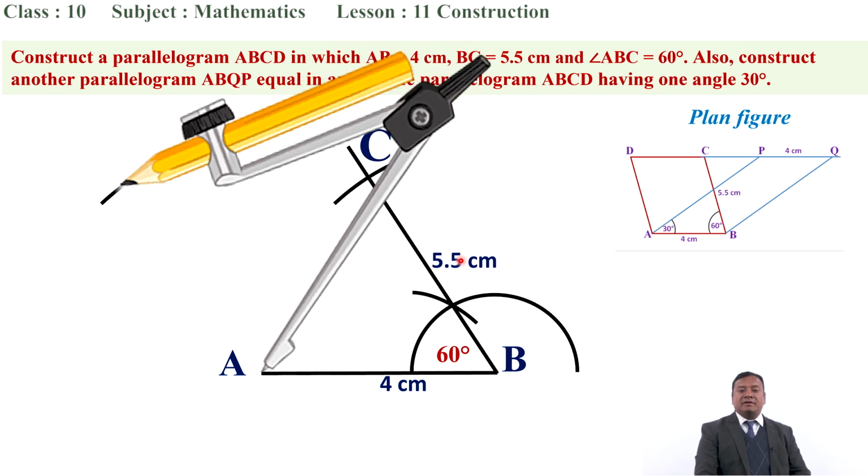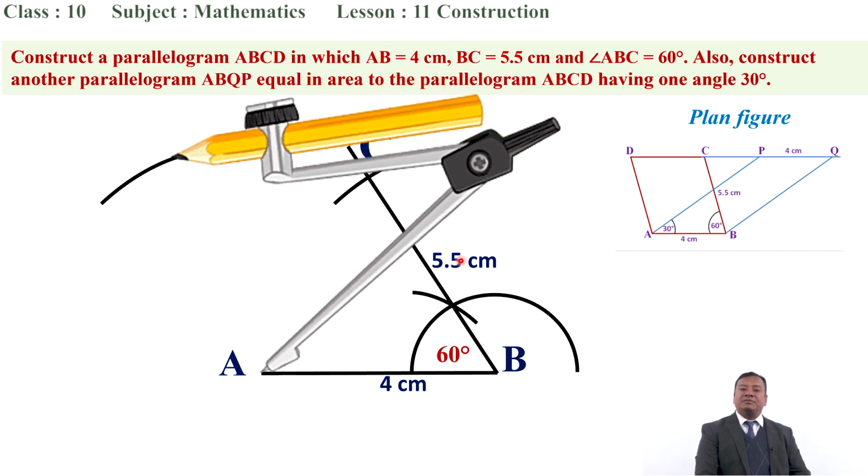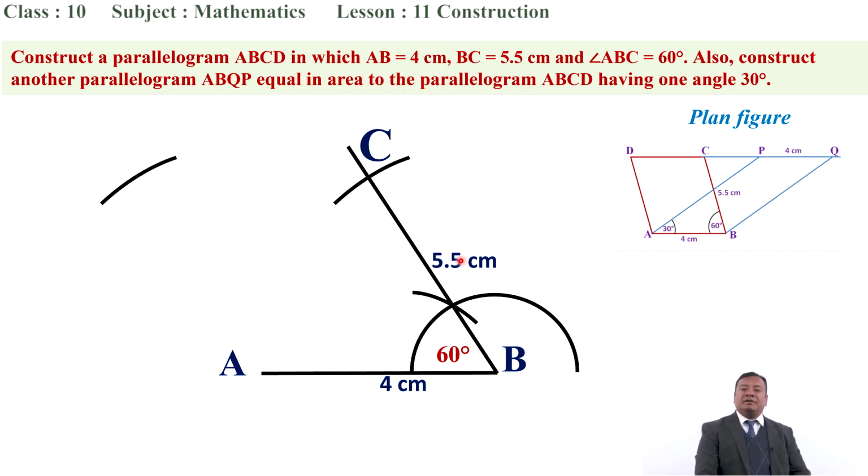So from A cut off 5.5 centimeter, and as well as from C we have to cut 4 centimeter, yes?